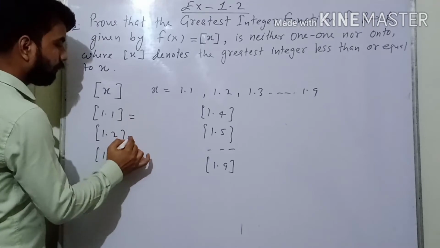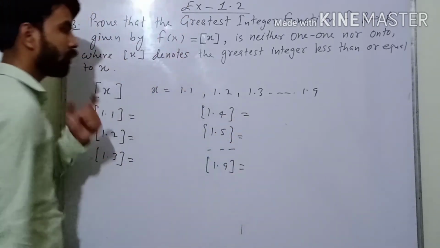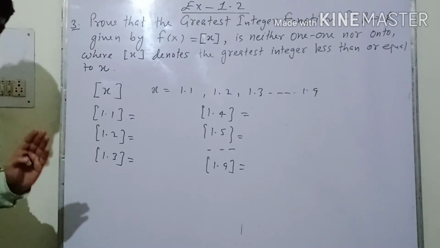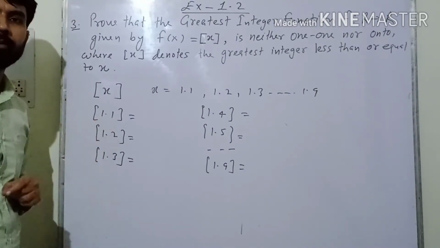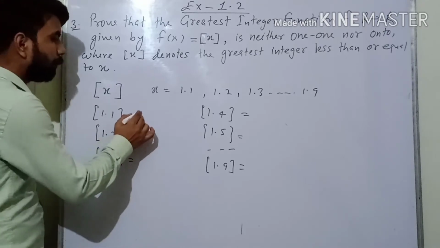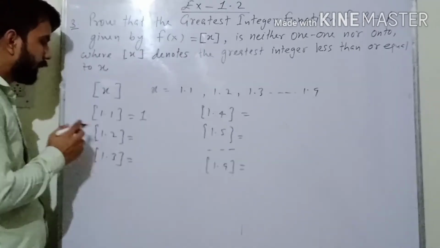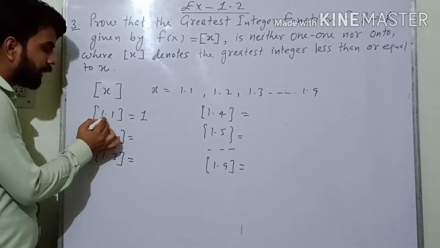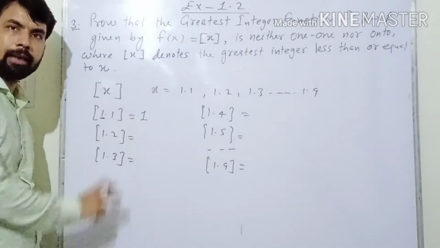What will be the values of these functions? Beta, always keep in mind that the value of greatest integer 1.1 will be 1. We take the number on its left side. If 1.1 is here, we have to write 1.